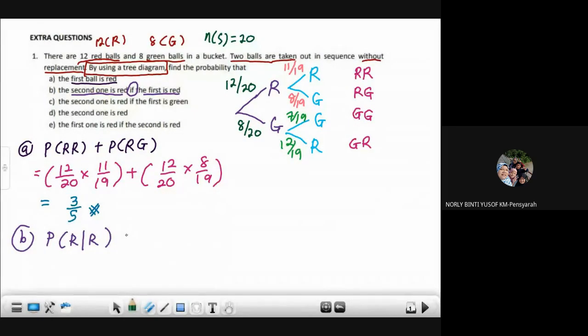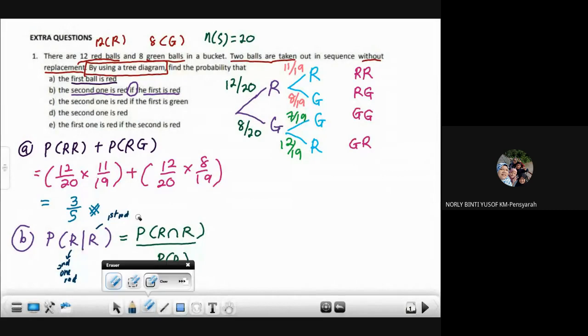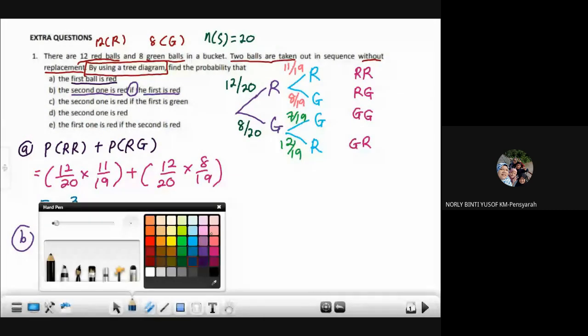Okay, so by using the formula of conditional probability, red intersect red divided by probability of given, that is red lah. Because this one is, the second one is red, the first one is red. Here is the first red. This one is the second one is red. But because of the event is the same, so dia tak akan bagi effect lah.